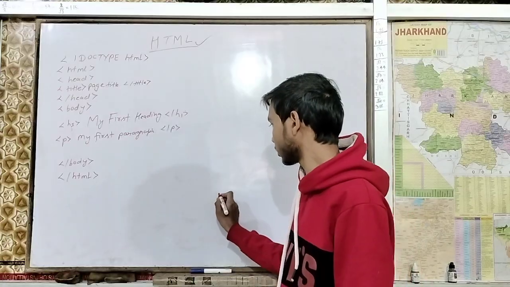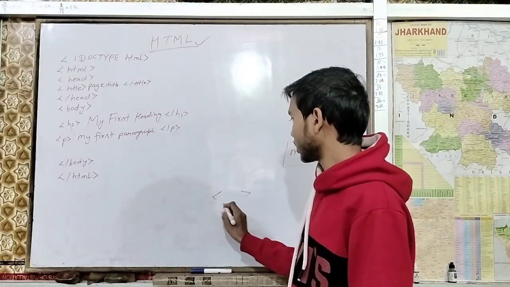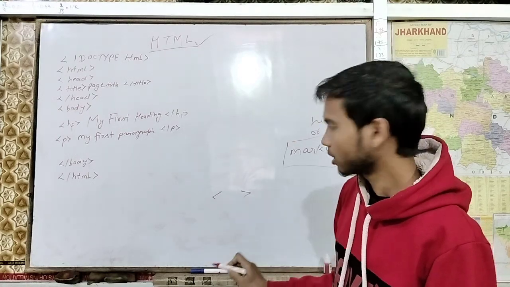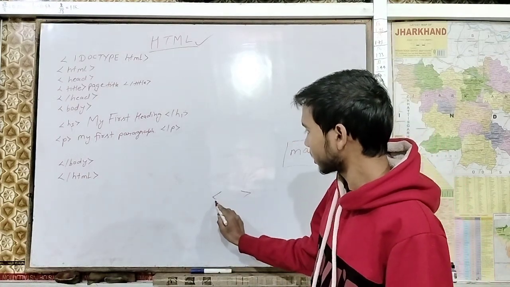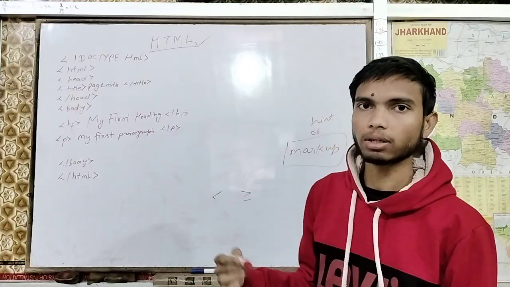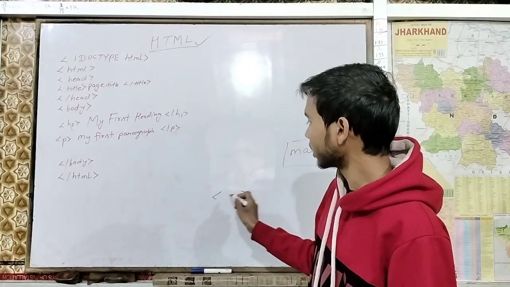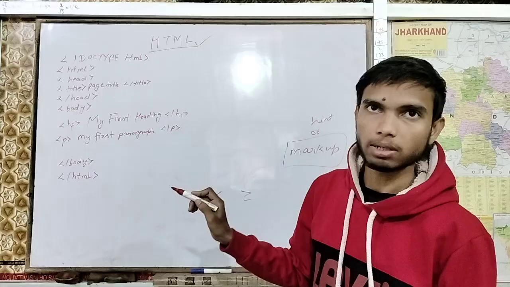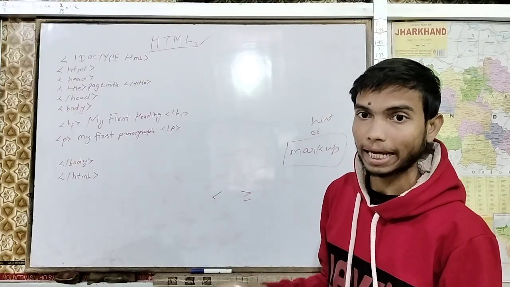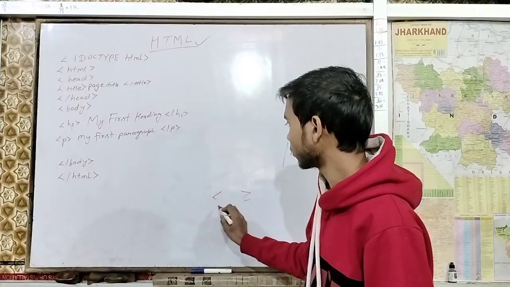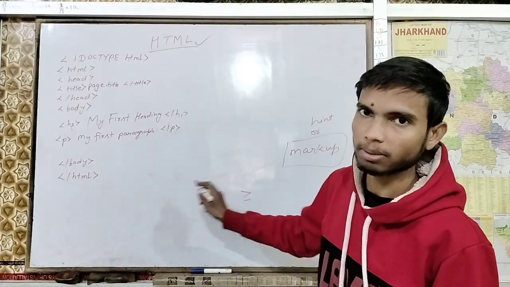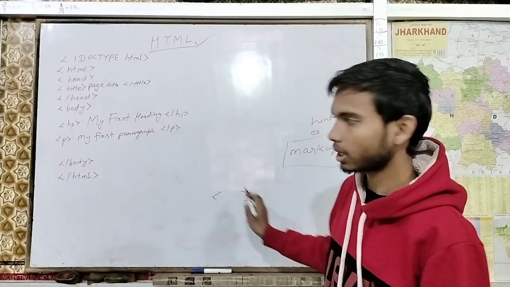Now look at this symbol, which is known as a tag in the case of HTML. This open and this close, and between them content will be written. For example, html. The name of this tag will be the HTML tag.